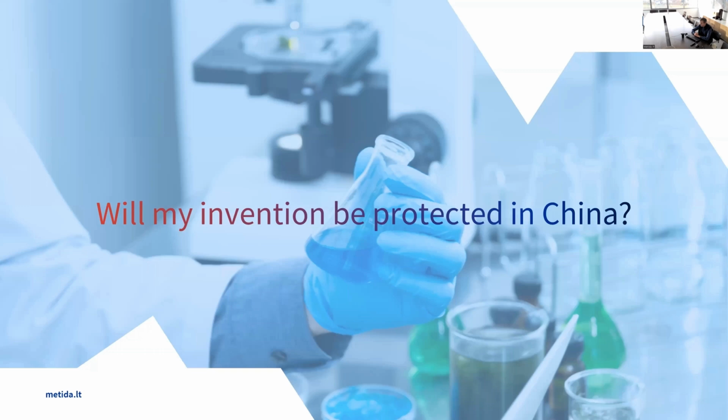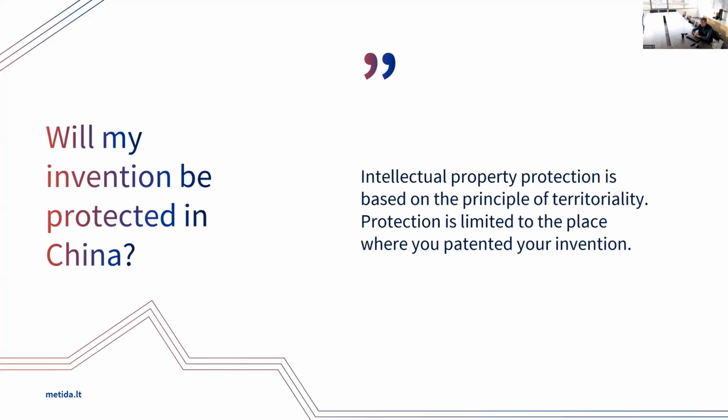And another question is about territory. So if a certain patent will protect an invention in a certain country, for example, in China. The thing here is that a patent has territorial protection.